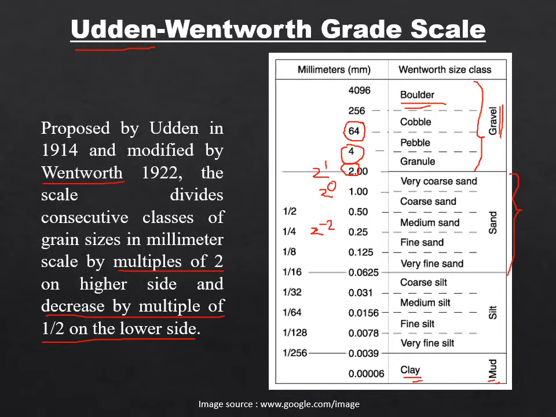So this is the Udden-Wentworth grade scale, by which the entire range of sedimentary grain sizes is divided, or grouped, into certain classes, and the divisions of those classes are plotted by taking either multiples of 2 or multiples of half, that is 1 by 2.